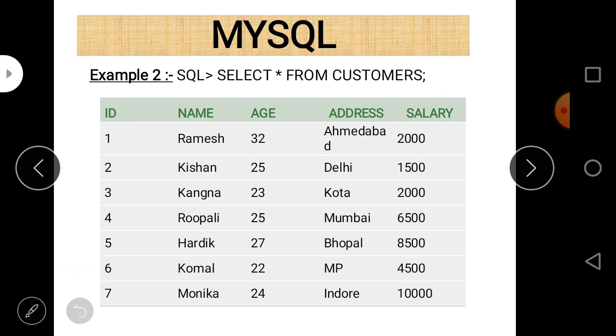If you just write select star from customer, then obviously the complete data will be visible on your screen: id, name, age, address, salary, complete data.